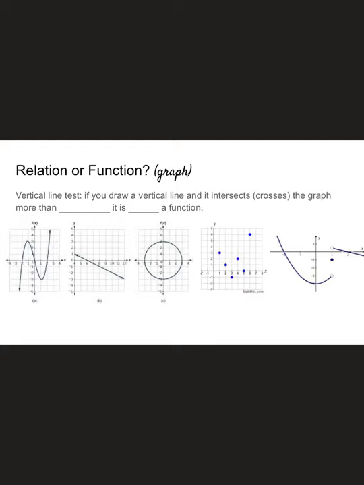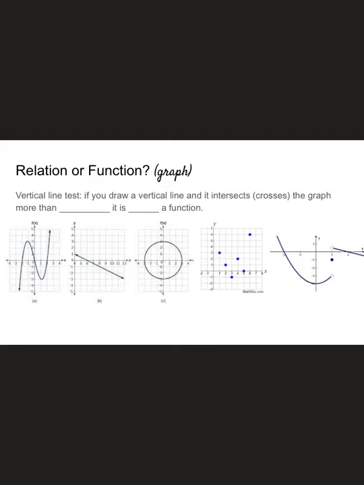Now for the graphing part, and we've got a few different kinds of examples here. For graphing, it's still basically the same. If x repeats, it's not a function. That's it. That's simple. Remember, if you only took away one thing from this whole video, that's what I want it to be. We have a test that can tell us if something is a function or not that we use for graphs, and it's called the vertical line test.